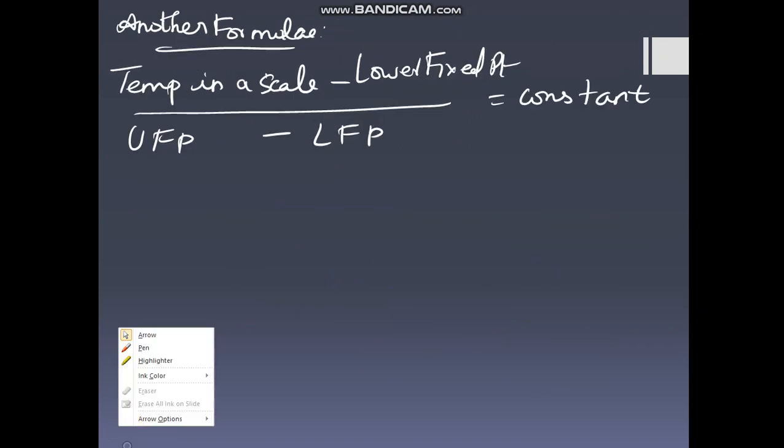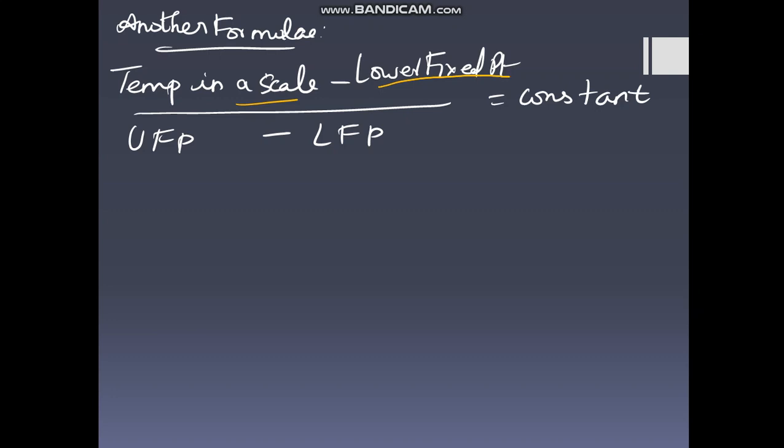And this is another important formula you must remember. Temperature in a scale minus the lower fixed point of that scale, divided by the upper fixed point of that scale minus the lower fixed point of that scale, is a constant.